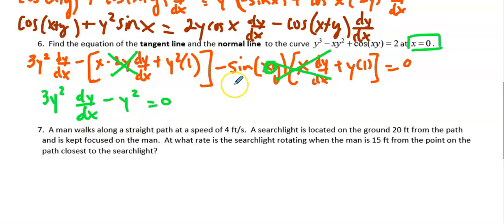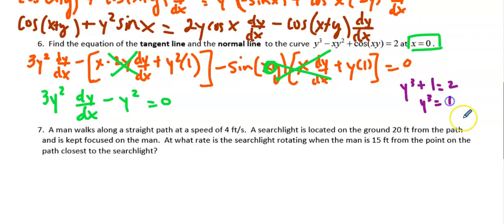All that crazy derivative stuff, that nightmare, actually turned into something pretty easy. Then all we have to do to find y is come over here to our original equation and do y cubed. Again, x is 0, so that term goes away, plus cosine of xy. Plugging in 0 here, we get cosine of 0, which is 1, and that's equal to 2.